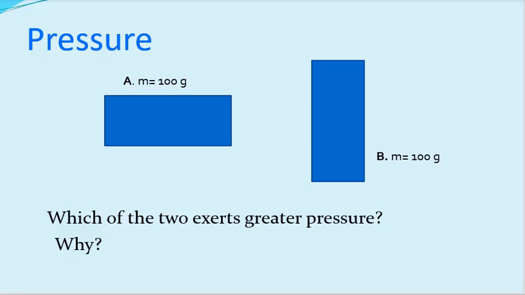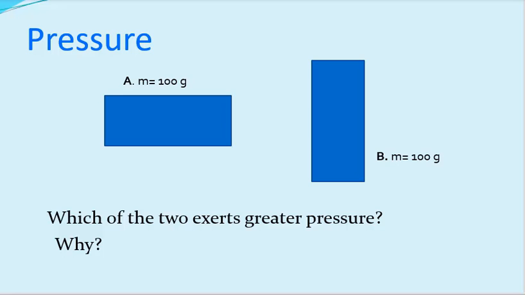How about this illustration? You have here two masses, A and B, and they have the same mass, which is 100 grams. However, if you look at the illustration, they differ in the area of contact.